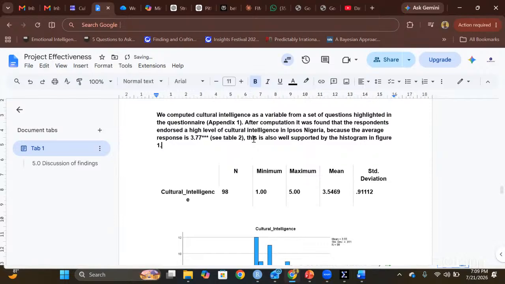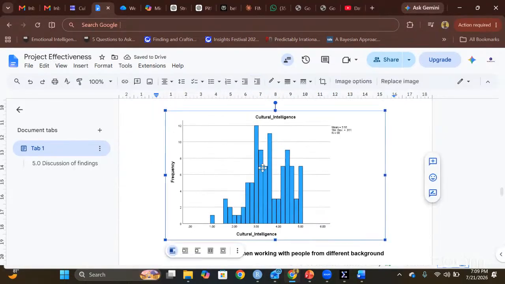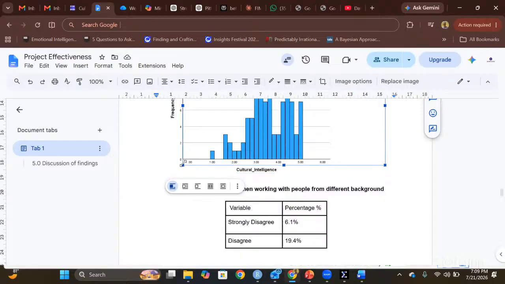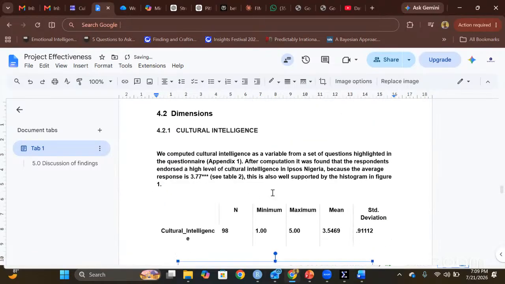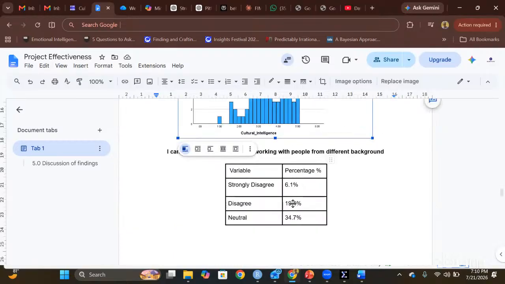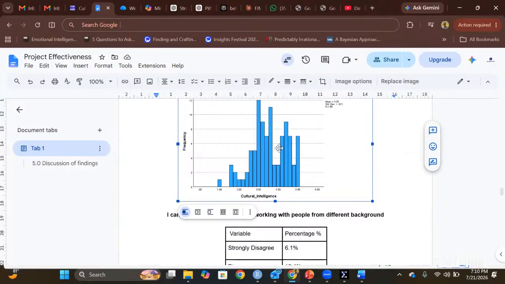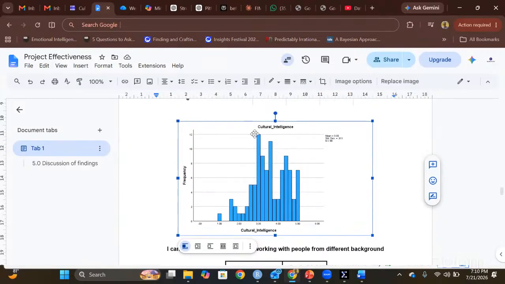Let's say we have removed all of the figures up there. So anybody looking at this can see they endorsed it, because most of the distribution fell to this side. I hope everyone understands why I'm saying most of the distribution falls to this side.